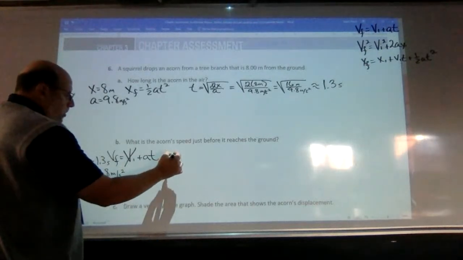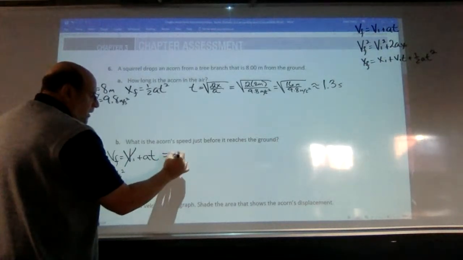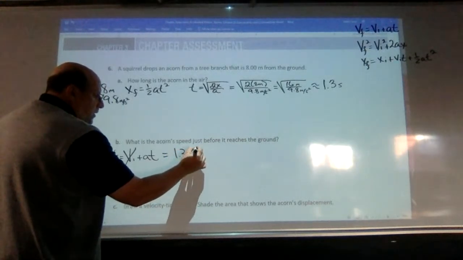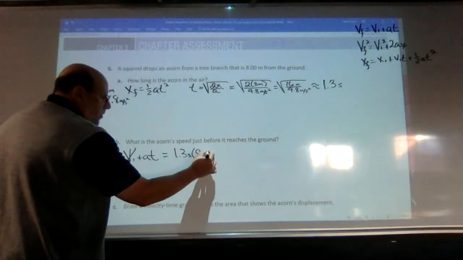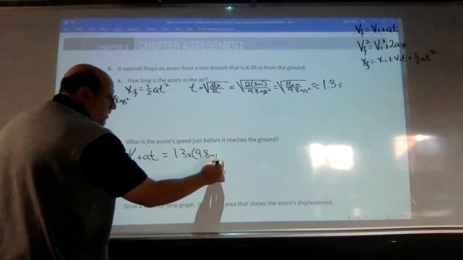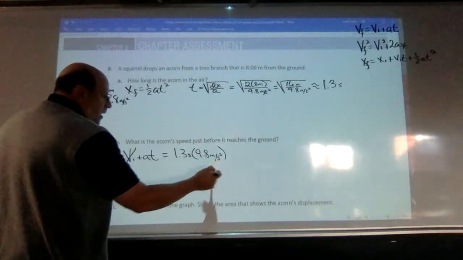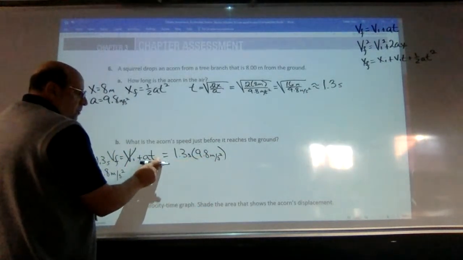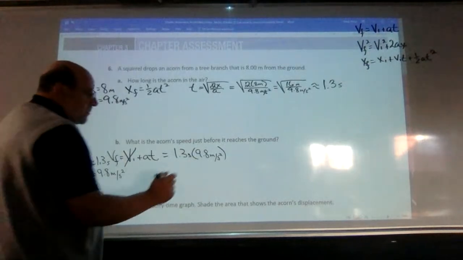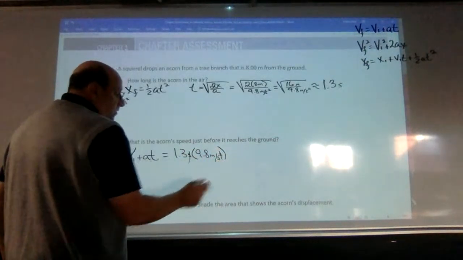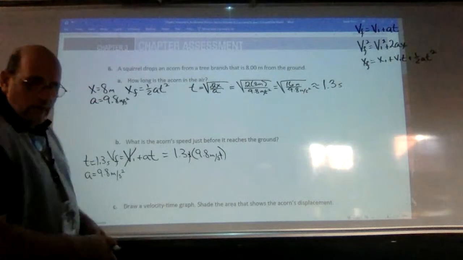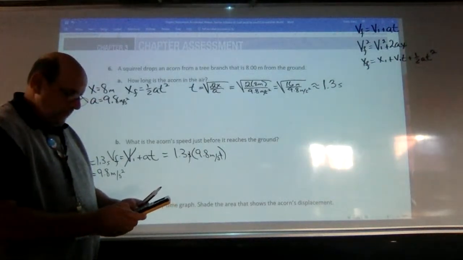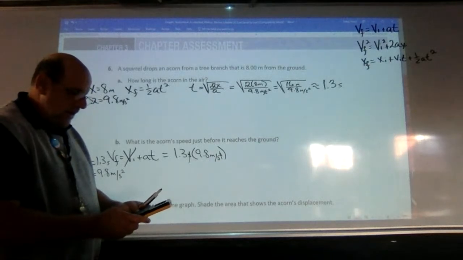So we're just going to multiply those two things. That gives us 1.3 seconds times 9.8 meters a second squared. I apologize, I put time first. I know it says a t, but the commutative property of multiplication says I can multiply in any order and still come up with the same product. So what is 1.3 multiplied by 9.8?